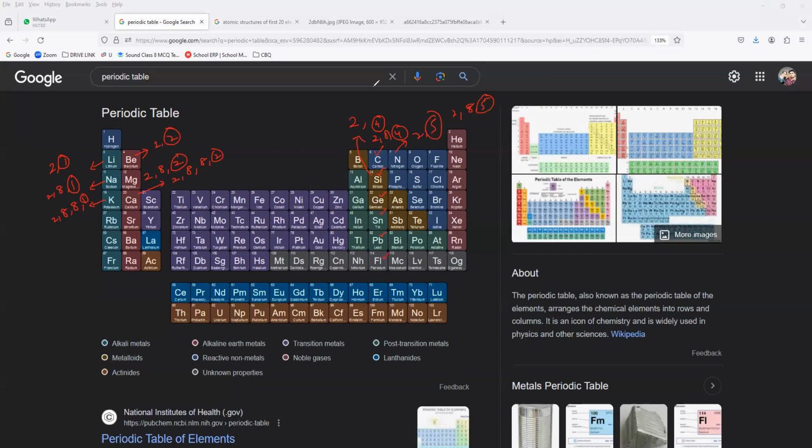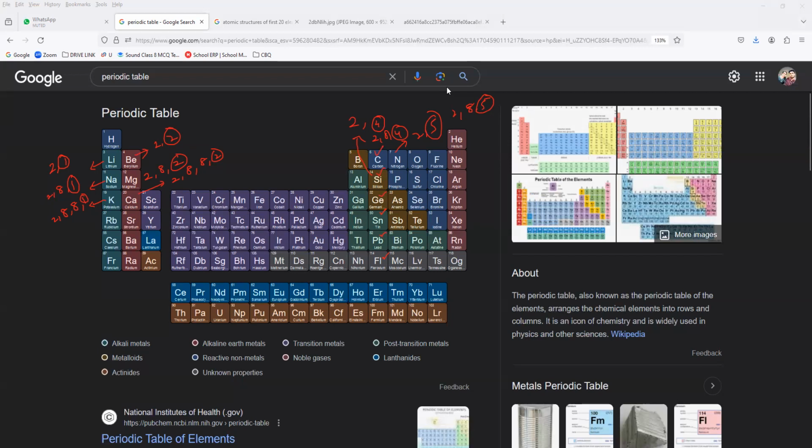So now you see, these all are metals. These all are non-metals. These all are noble gases. If you are moving from left to right of the periodic table, you are moving from metals towards non-metals. That is the advantage of electronic configuration.